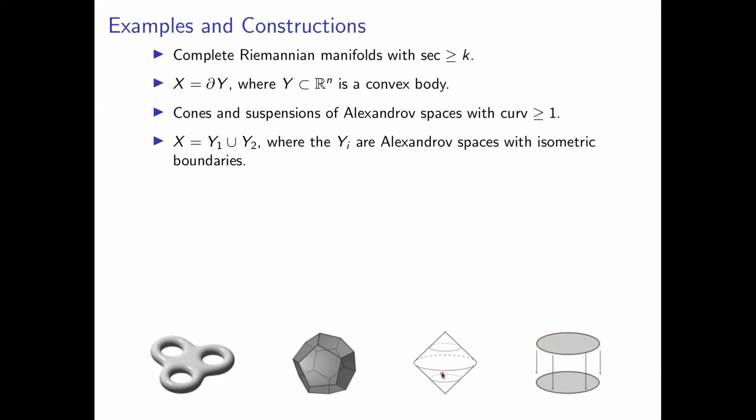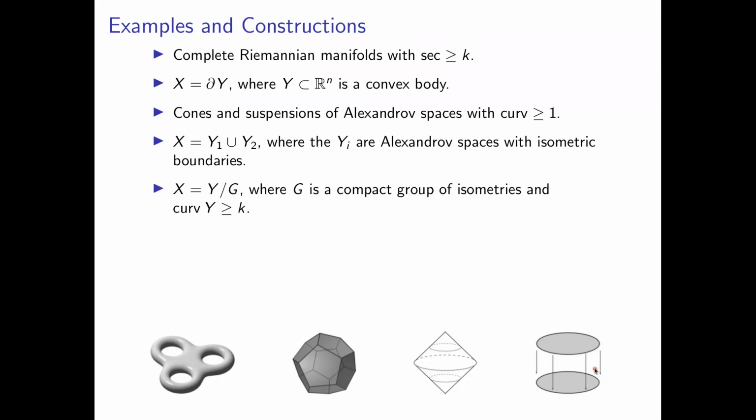So, for example, this is topologically S2. Metrically it is different from the round two sphere, but topologically it's S2. Right? So we're just gluing two flat disks together.